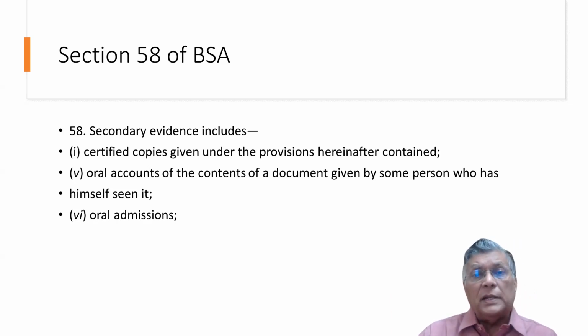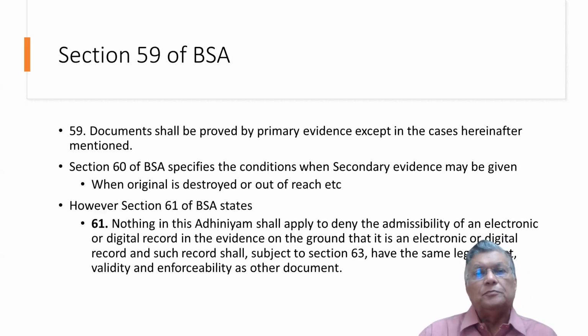So probably this is what I think many advocates wanted, because they were uncomfortable with section 65B certificate and they wanted that to be done away with, and to some extent section 58 appears to move in that direction.